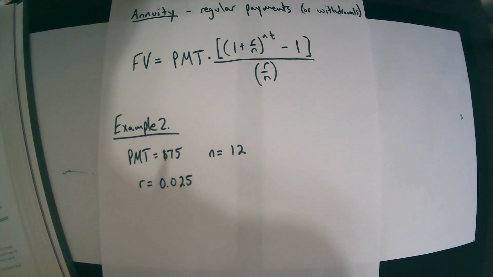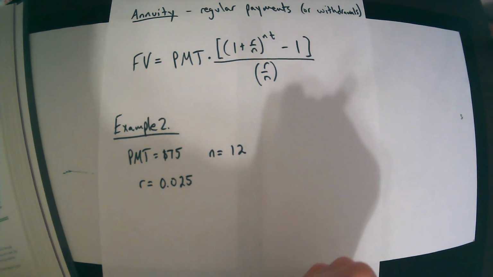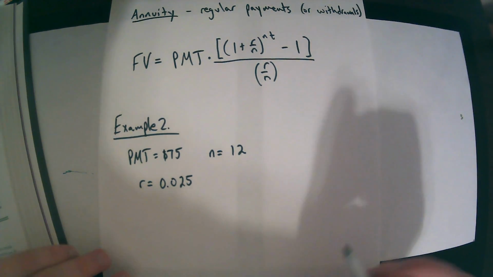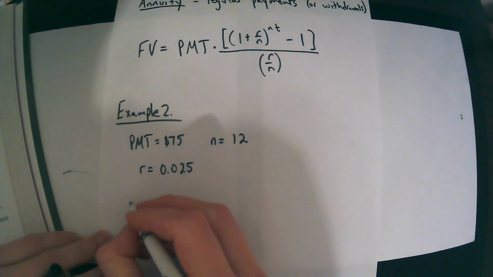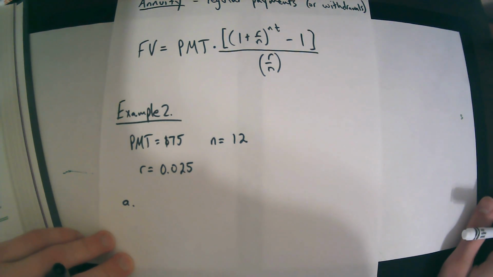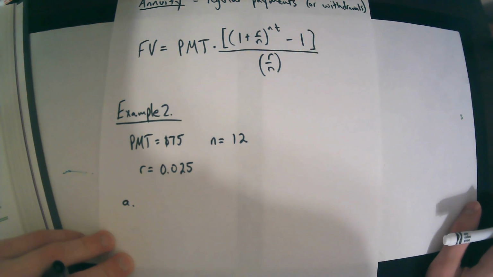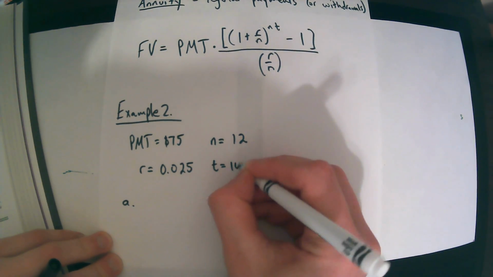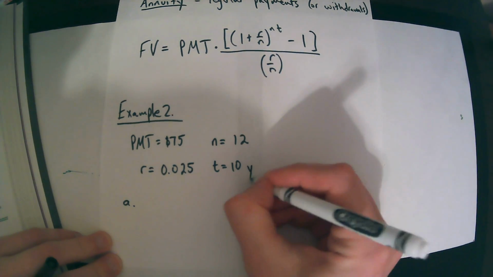Okay, what else do we need? We need t. We weren't given t. But part A says to determine the amount of money that Daigle will personally put in the savings plan over 10 years. So I'll say t is equal to 10 up here, 10 years.